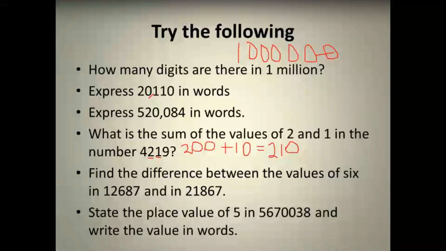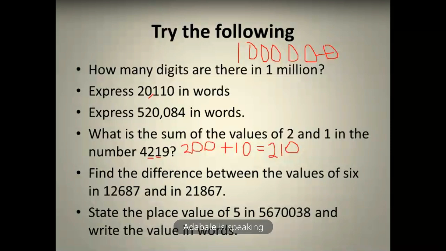Find the difference between the values of 6 in 12687 and in 21867. That's the question. So I said Mariam, Adabale, Muhammad Nasiru, and who was the 4th person? I can't remember who I called as the 4th person. So who has the answer? Okay, Adabale, what's your answer?